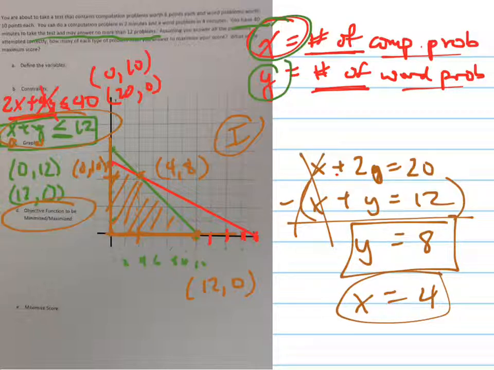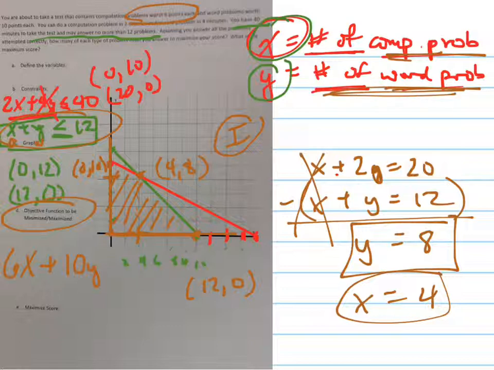We have to come up with an equation for the objective function, and it's relating to the number of computation problems and word problems. And look what it says here. You're about to take a test. The computation problems are worth 6 points. So 6 times x is the number of points you're going to get for the computation problems, plus, 10 times y, because 10 is the number of points you get for every correct word problem.